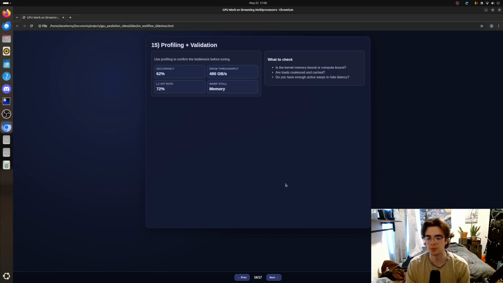You want all your memory accesses to be coalesced. That should be a very easy thing to spot and fix. And then lastly, do you have enough active warps to hide the actual latency of a lot of these global memory accesses? If you don't, then you're going to run into a lot of bottlenecks.